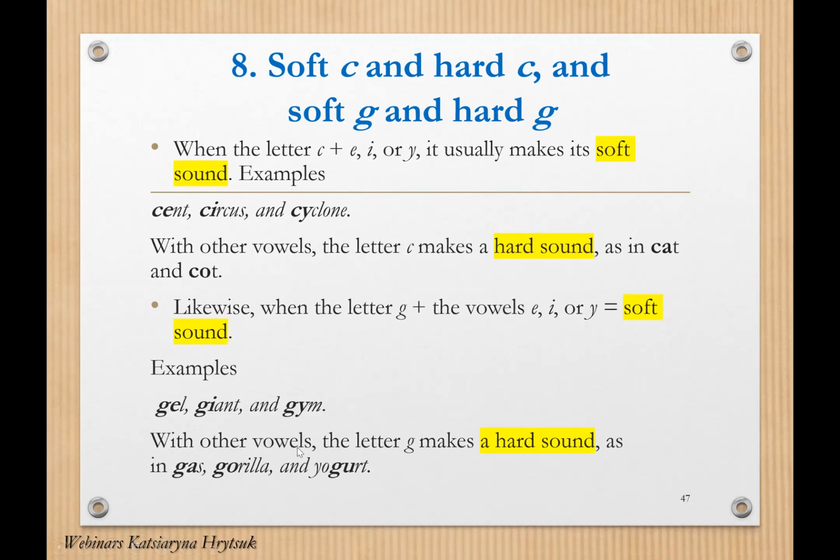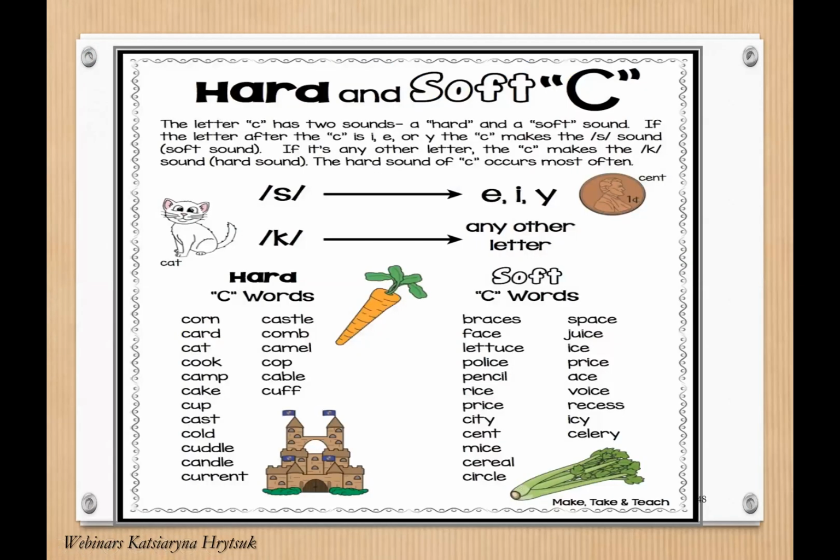If we have other letters, G makes a hard sound. It's another vowel: gas, gorilla, yogurt. That was quite easy. These are examples of hard and soft C.